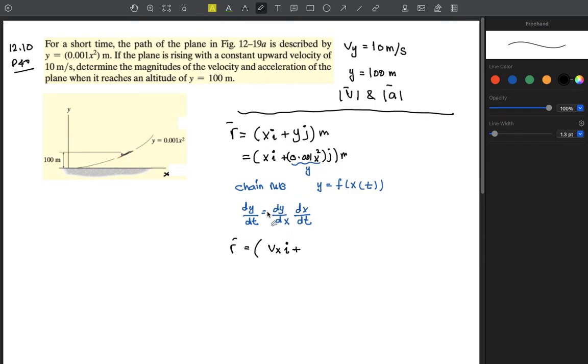So first we have to differentiate dy with respect to x. Differentiate this with respect to x, you'll get 0.001 multiplied by 2x, so this is 0.002x. This is the first part here. And then you have to multiply it by dx over dt, the derivative of x with respect to t, and we know this immediately, it's vx.